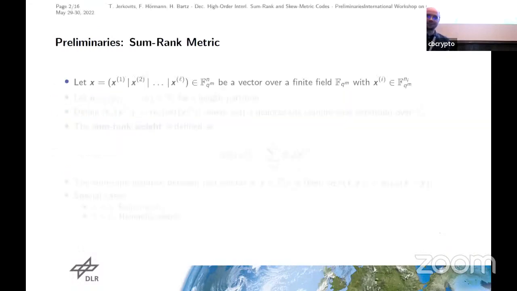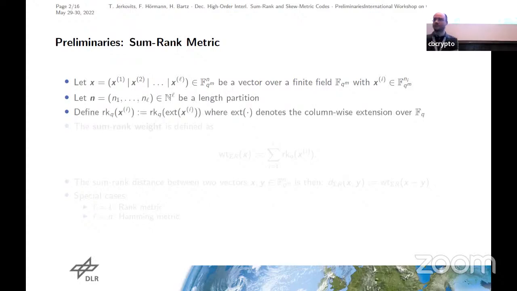Okay, so first some ingredients. Of course, first the sum-rank metric. Let x be a vector over F_{q^m} of length n. This vector we can then partition according to a length partition into blocks. For each block, we can define the rank, which we define to column-wise expand this block over F_q. So we get a matrix over F_q, and from this we know the F_q rank, and that's the rank of this block.